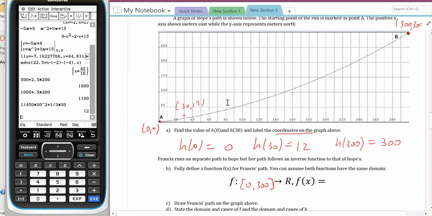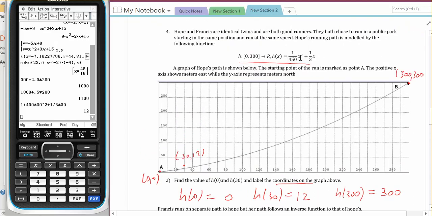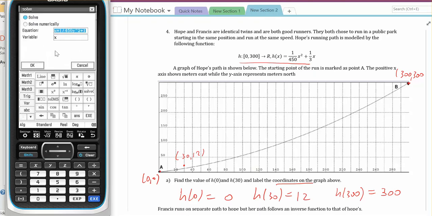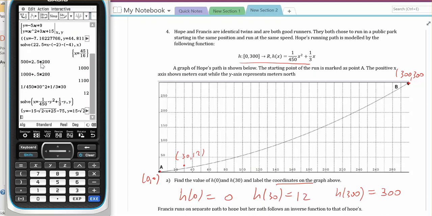Okay, so let's do this. Remember, to get the inverse, you swap the x and y's. So you go x equals 1 divided by 450 y squared plus a third y, and then all I'm going to do is go interactive and solve for y. Okay, we've got two functions.